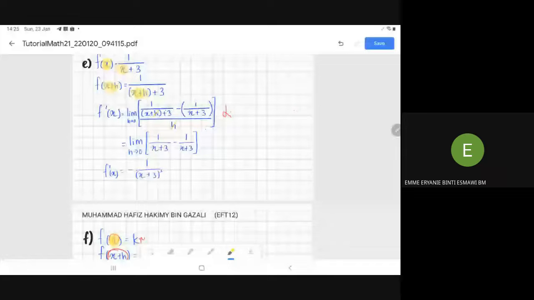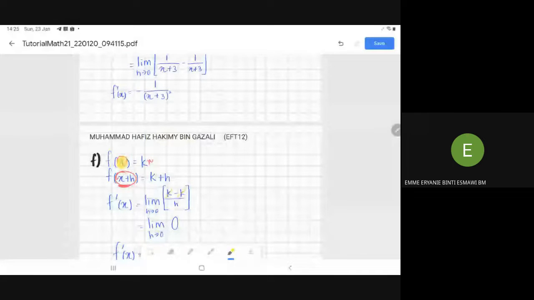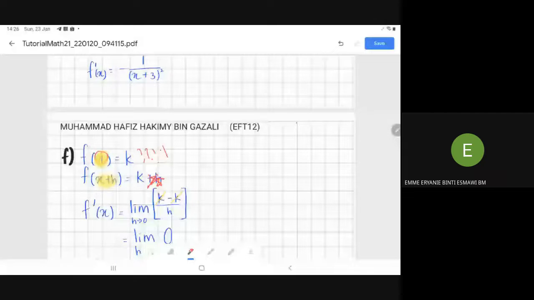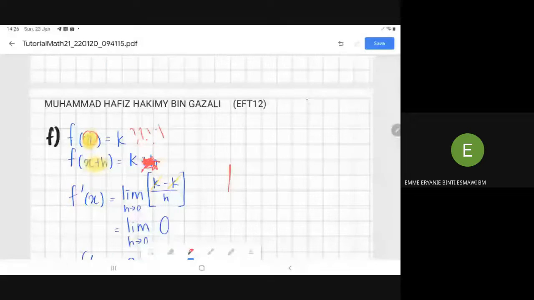But now, there is no x for this question. So, how we change that, x jadi x plus h if there's no x. So, memang tak boleh lah kita gantikan. Jadi, what should be this function? Function should just k. Just k. Okay, that's why we substitute the formula.